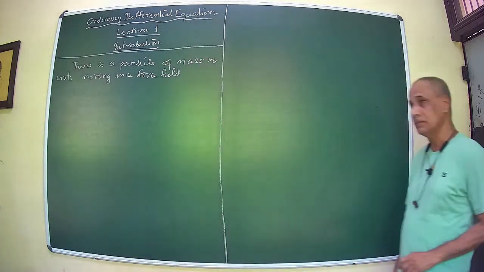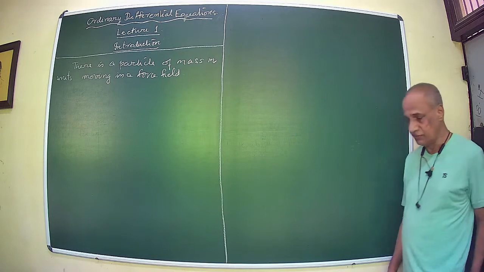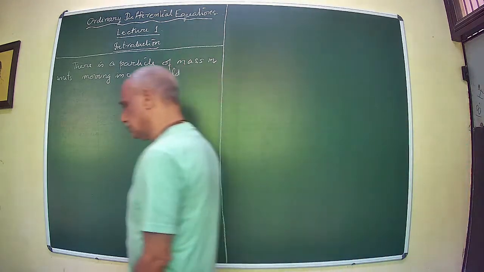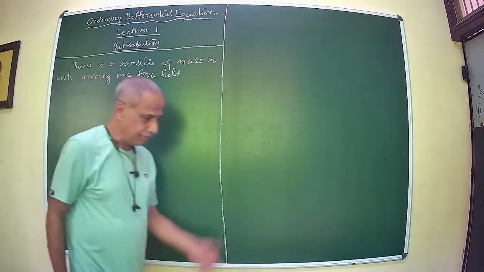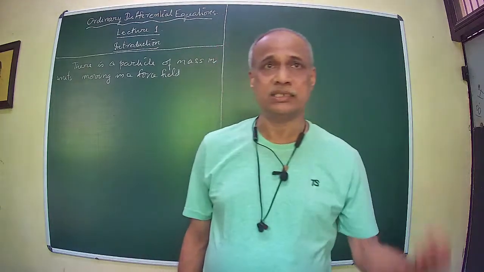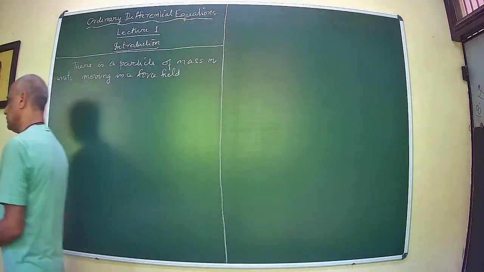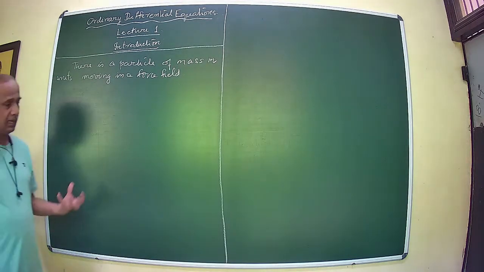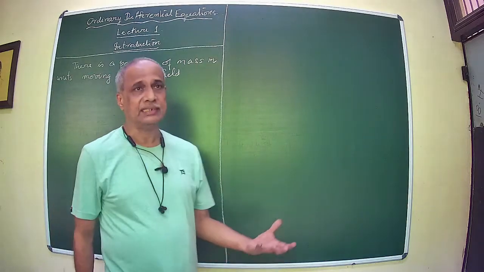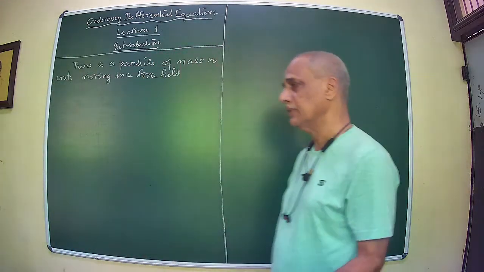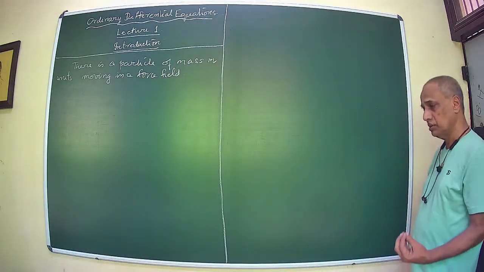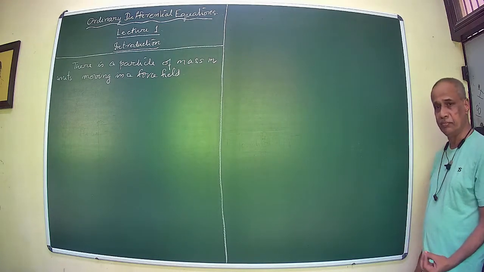Another example is, in the gravitational field, suppose we throw a stone, then what happens? It takes a path and then eventually lands back. Because of the gravity, it is pulled back. So there is a path along which it travels, and it is dictated by the force field, that is the gravitational force that is acting, and also the initial velocity that you impart.